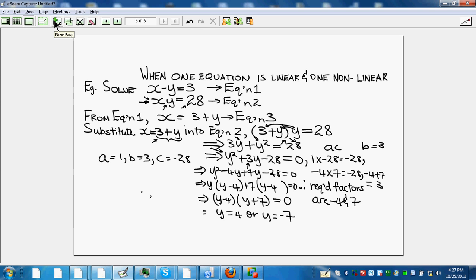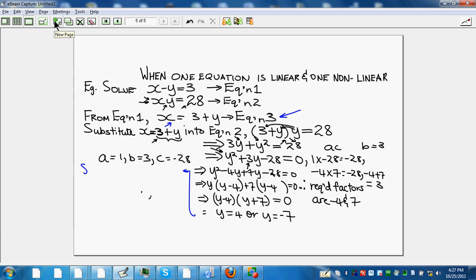So we'll find the corresponding solutions for x by simply going to an equation that will make it easy for us to find it. An equation that I'm going to select is equation 3. Because in equation 3, I have x equal to 3 plus y. Very easy for me to find x.